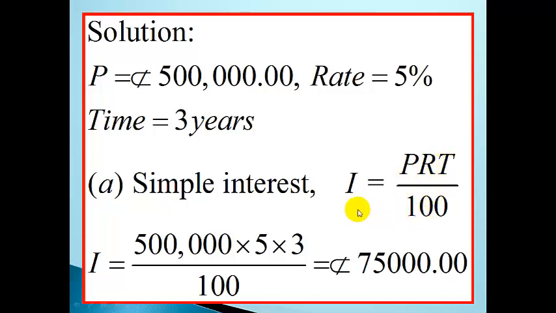So I is equal to 500,000 times 5 times 3 divided by 100, which is equal to 75,000 cedis. That means that the simple interest is equal to 75,000 cedis.